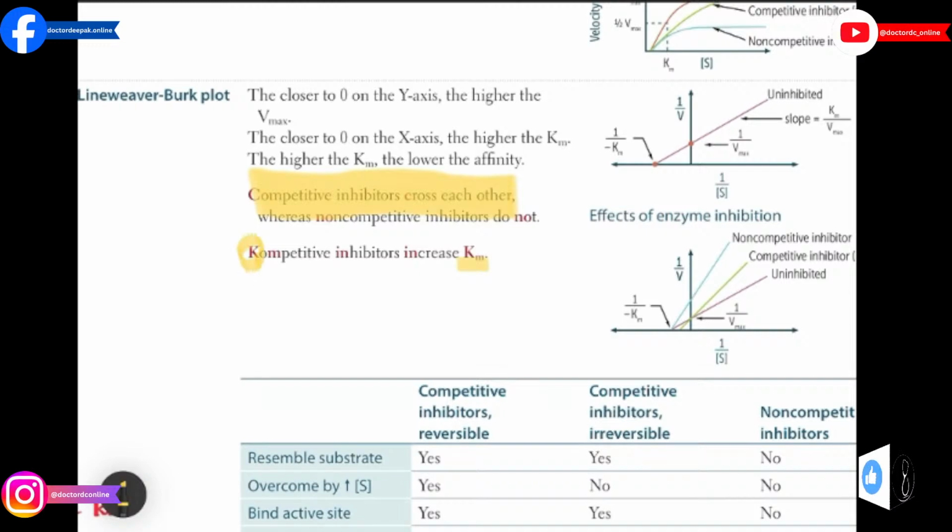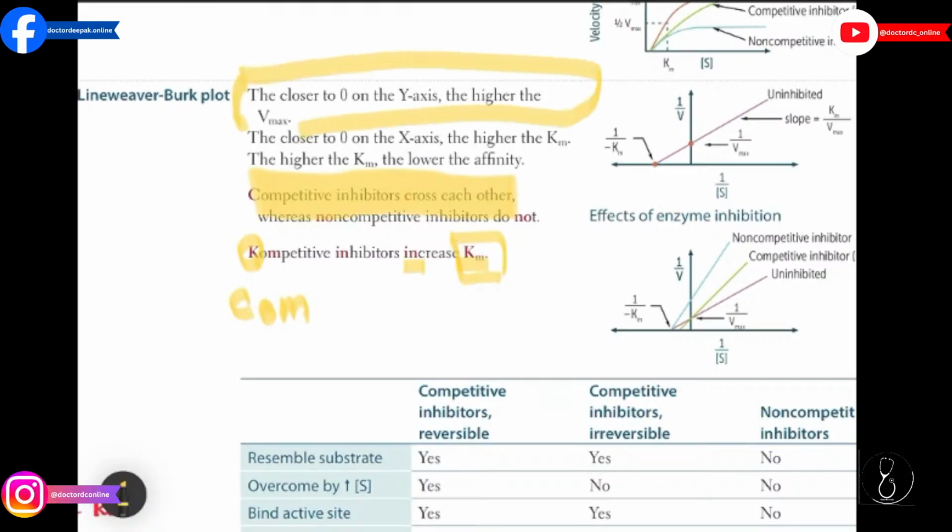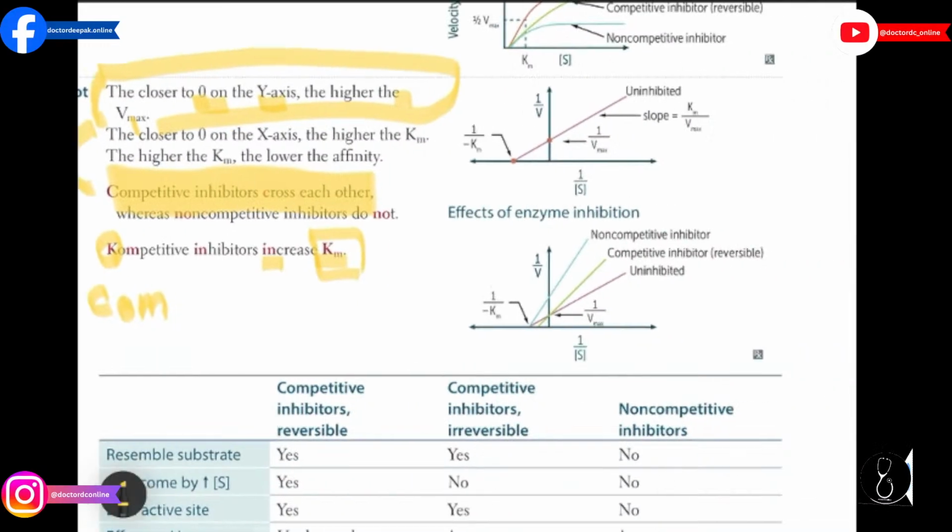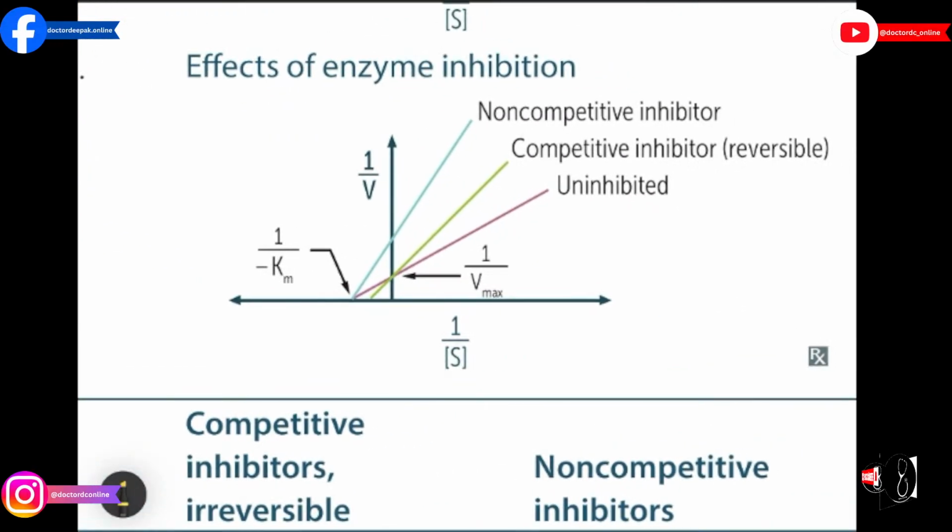Competitive starts with a C, like COM, so you can make a mnemonic: competitive inhibitors will increase the Km. And these things we already studied: the closer to zero on the y-axis, the higher the Vmax. So, in that graph, I will again elaborate the things.